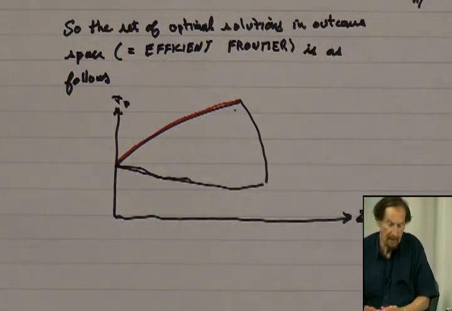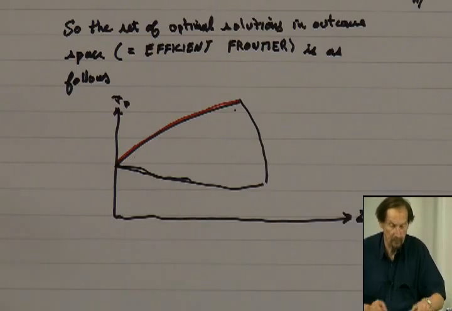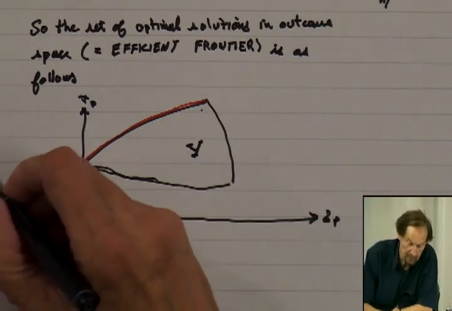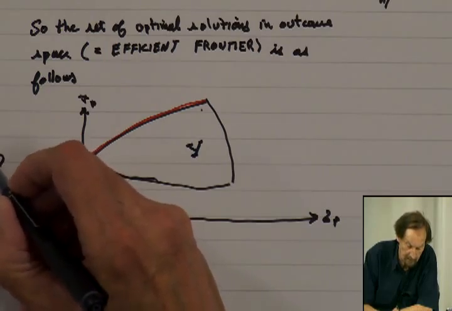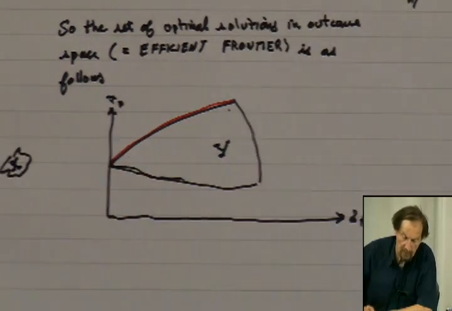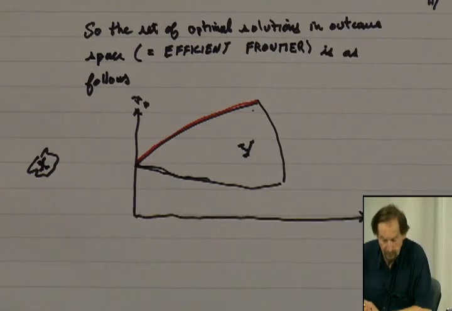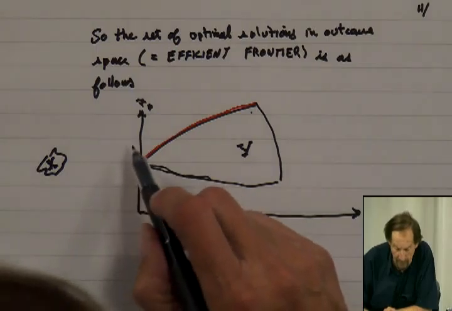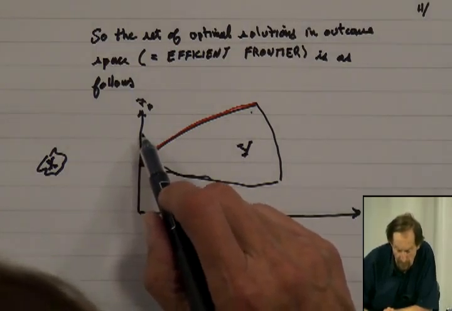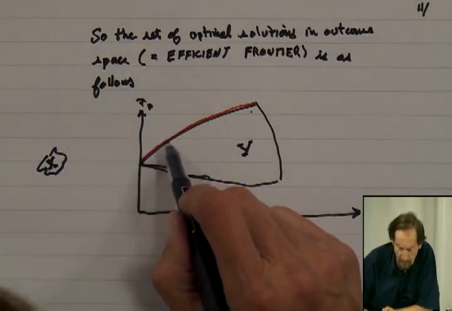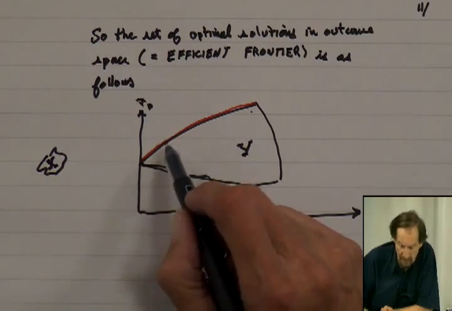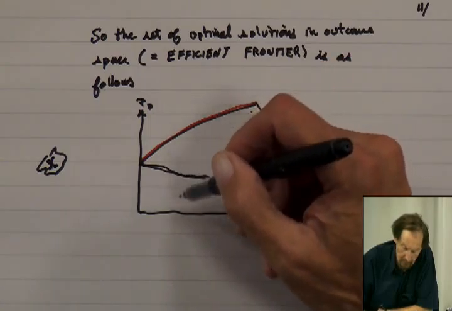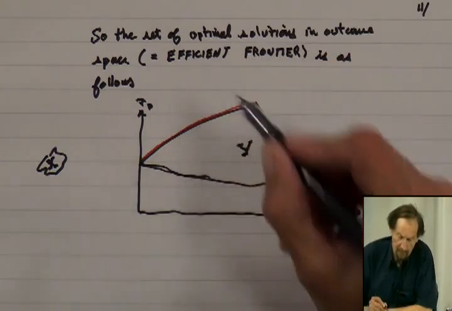All the guys on there are efficient. Remember, this is Y, and this is some X set of feasible portfolios. Okay. All of those guys have this property that for any level of expected rate of return, they minimize risk. And for any level of risk, they maximize the expected return.